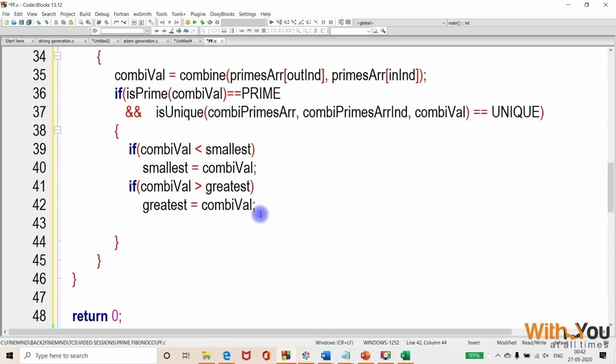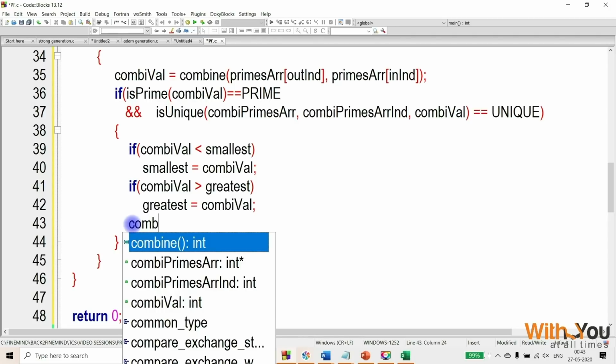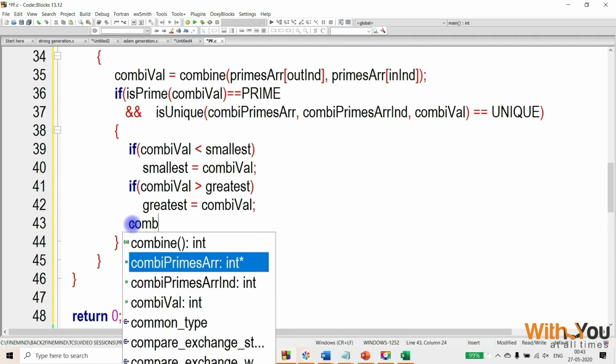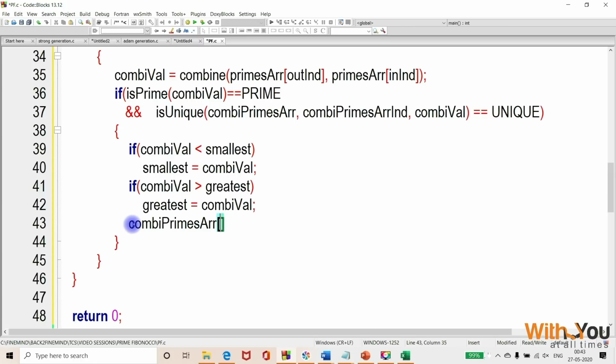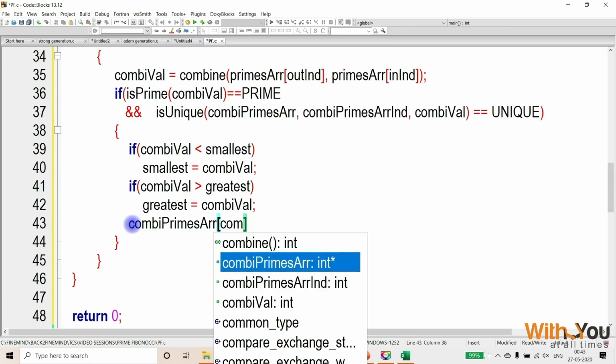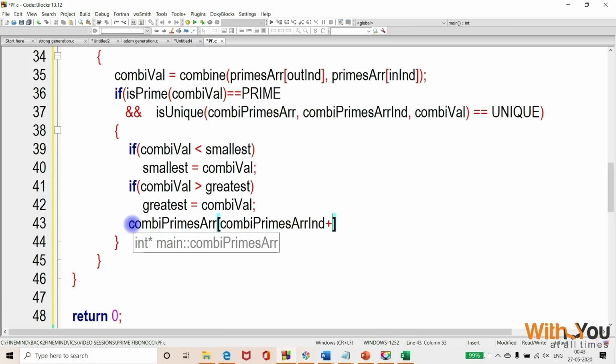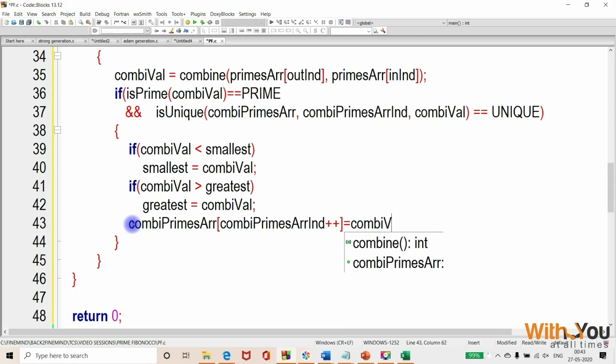So let's go down and define the greatest. Then you need to store them. Same way how we did primes, combi primes ARR of IND plus plus equal to combi val. That's what I said. This area alone, multiple things done at the same time. That's all. Job done.